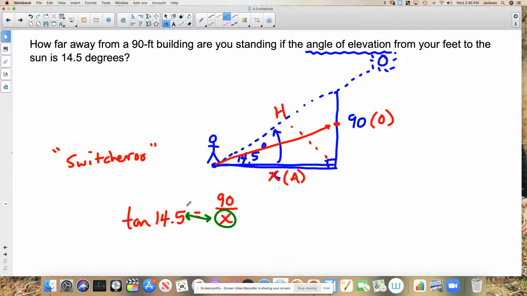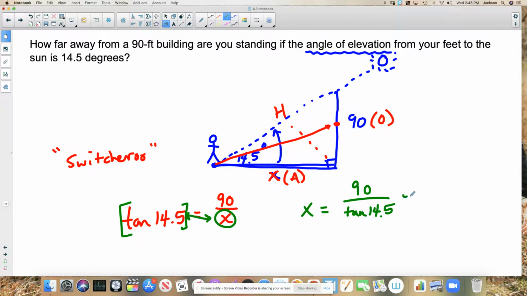And even though this arrow is pointing at 14.5, as I mentioned in a previous video, this is a trigonometric package. So I'm not removing the 14.5, I'm taking this entire expression and moving it into the denominator here. So when the variable you're solving for is in the denominator of the fraction, we can swap it out completely, and then we get a totally different equation. That would look like this.